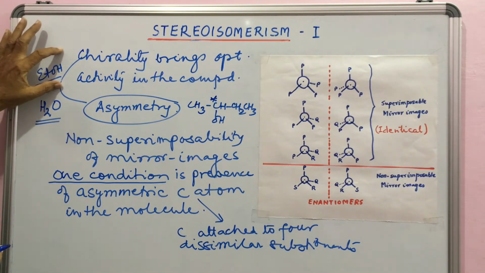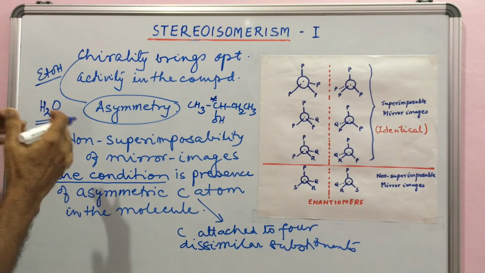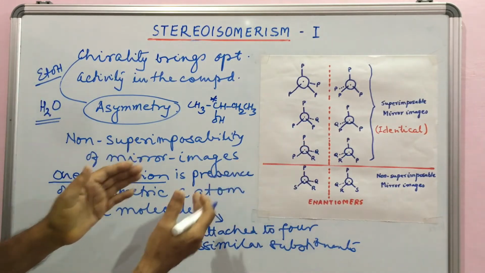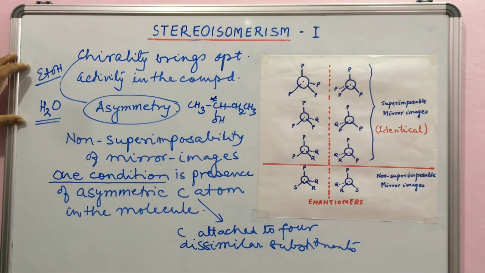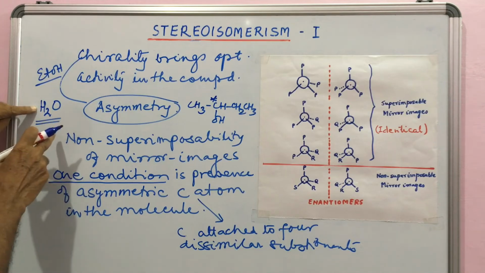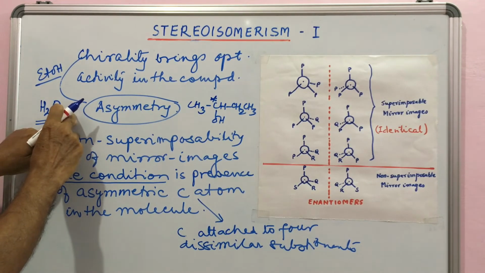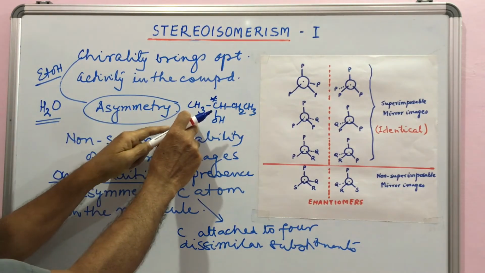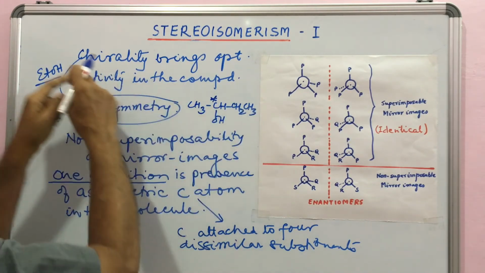Similarly, in ethyl alcohol, all ethyl alcohol molecules are mirror images of each other and are superimposable. When light passes through these liquids, the rotation caused by one molecule is nullified by another molecule which is mirror image of the same, and the resultant rotation is 0.